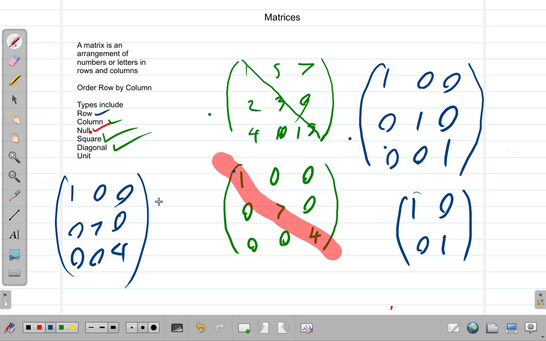What you need to do is give it a name instead of writing open bracket, all the numbers and close bracket.